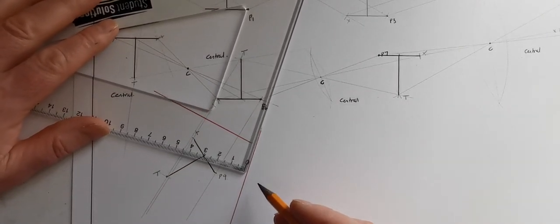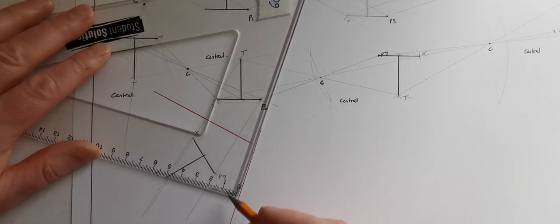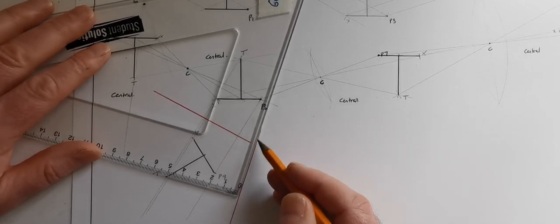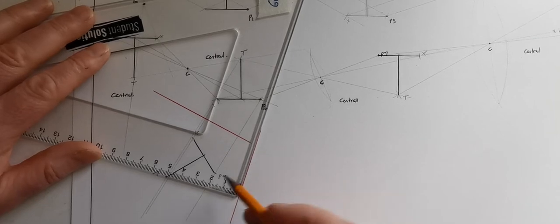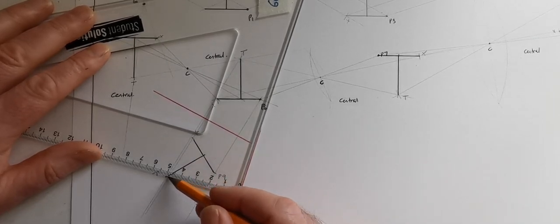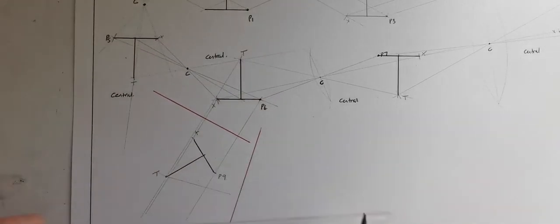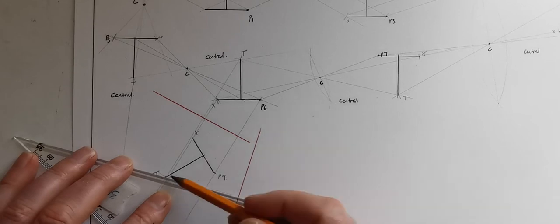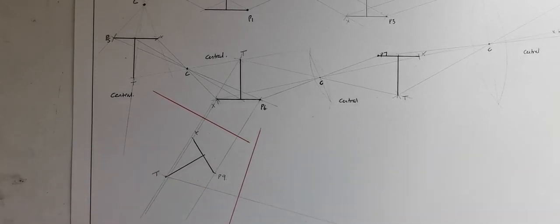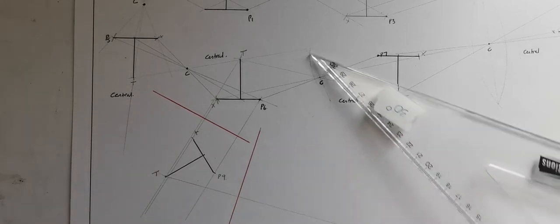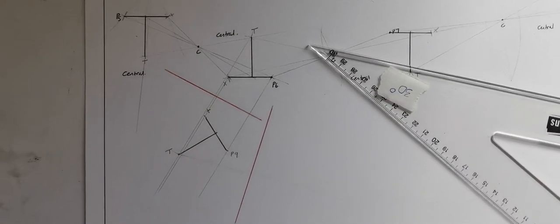Now you could use the 90 degree angle here, put one end of the 90 along the axis and the other end going through there. That's not a great way, but that is the correct angle. So they'll all be going at that angle, but it's not a great way of doing it. I'll just move this down here a little bit.